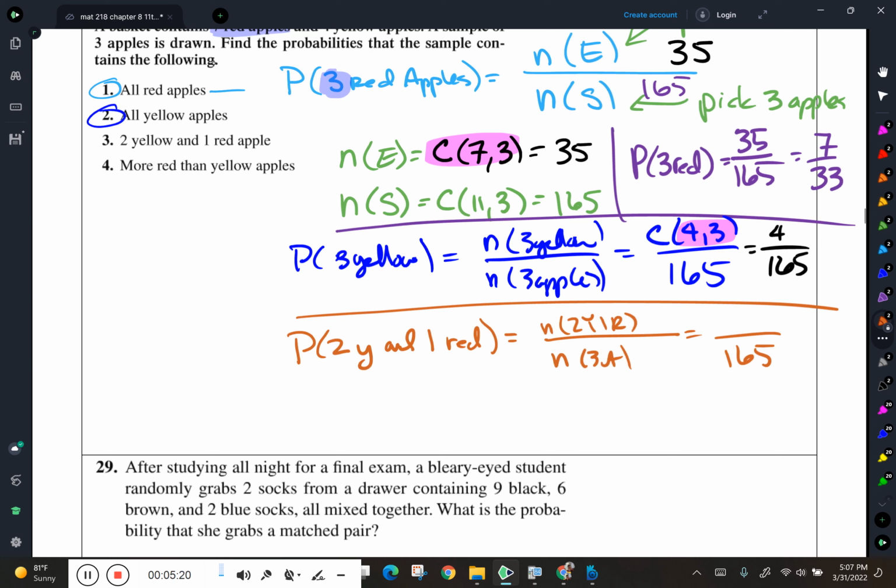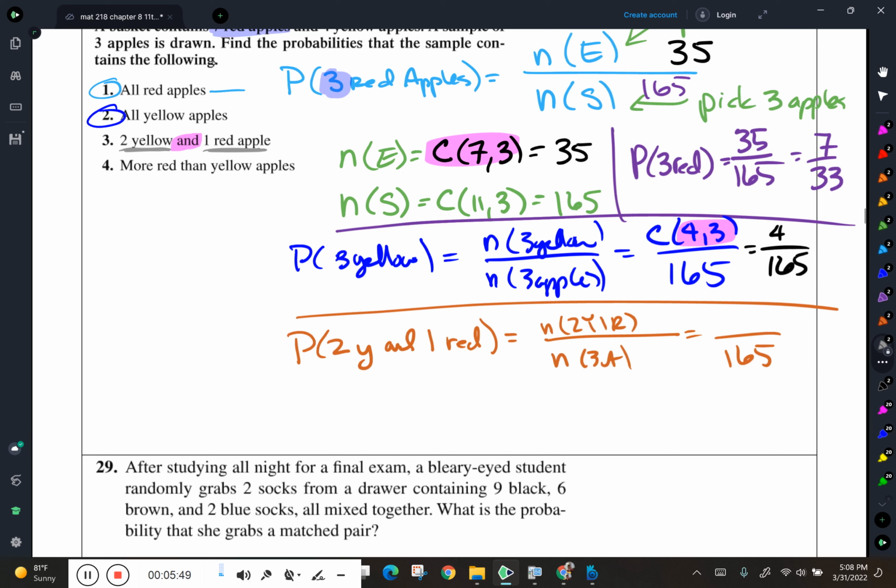Well, the key is in the word "and." 2 yellow and 1 red means find the number of ways to do 2 yellow, find the number of ways to do 1 red, and then use the multiplication principle. Call this M1 and call this M2 and then multiply them together.